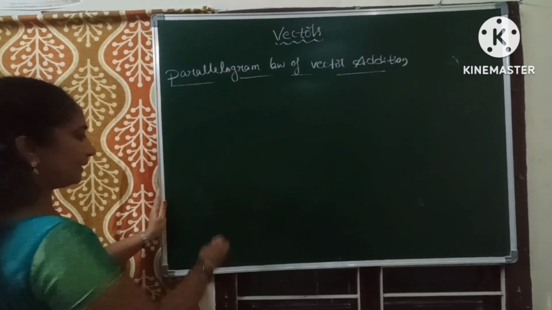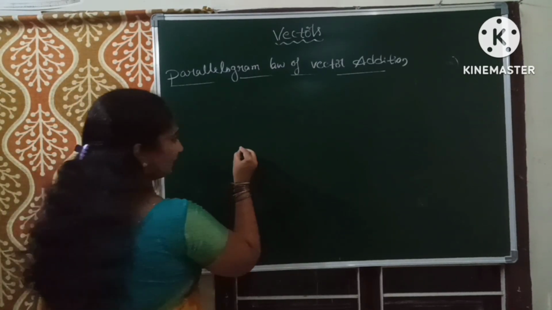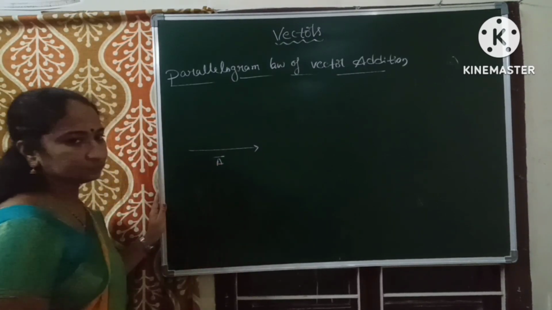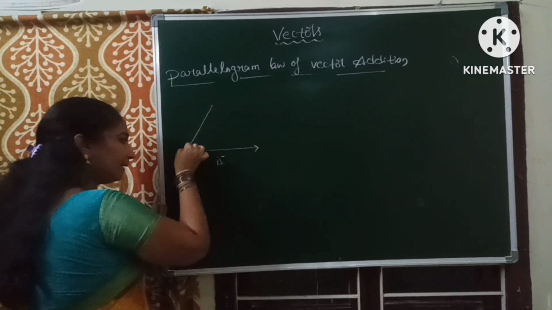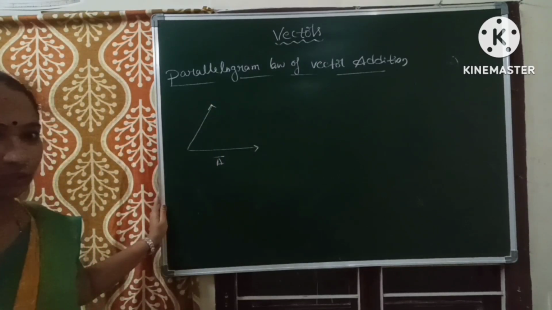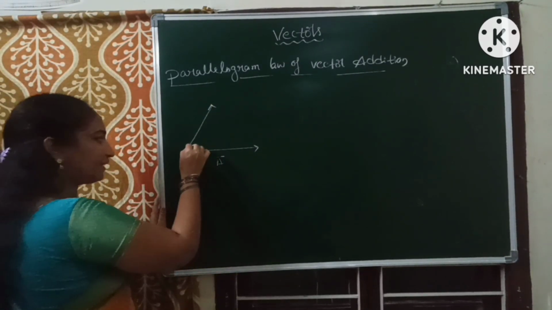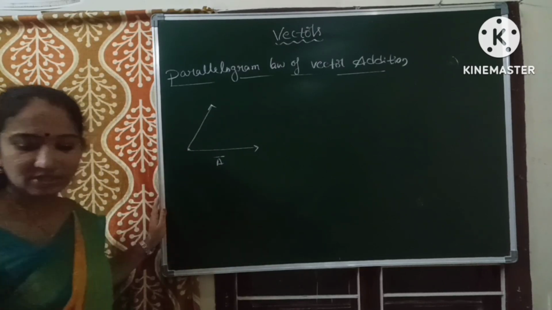Right. So for that purpose, let us consider two vectors again, A bar and one more vector, B bar. Both are joined at a point, starting from one point.